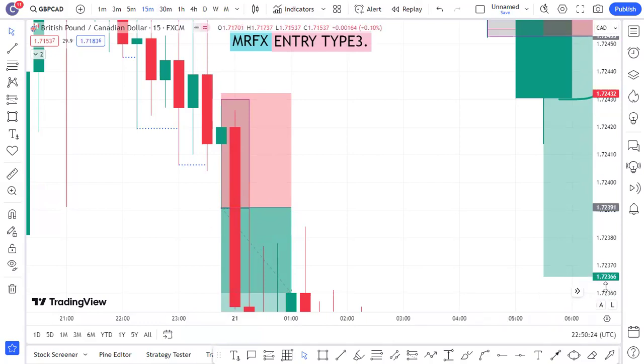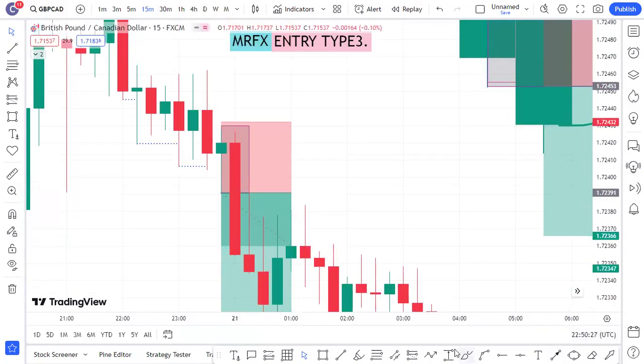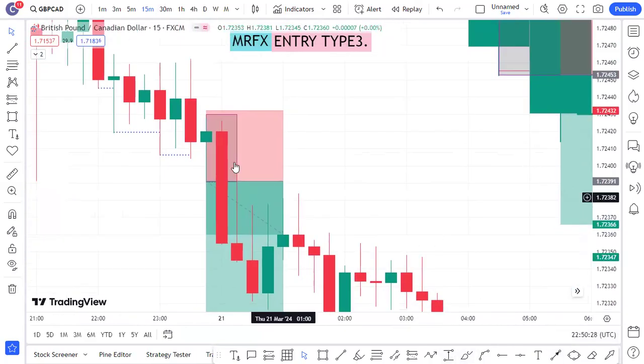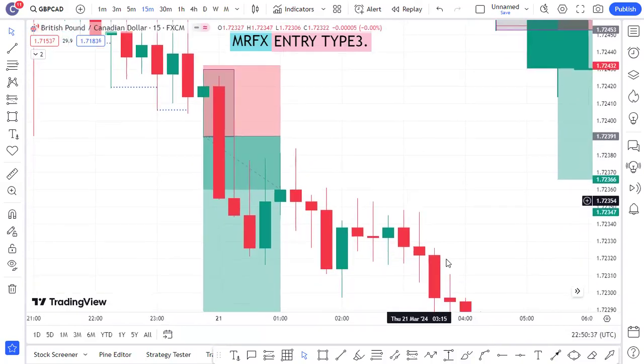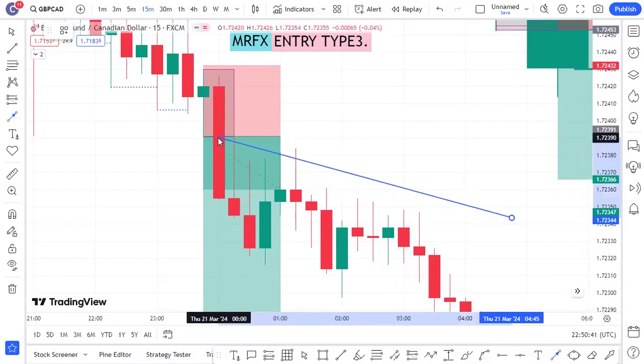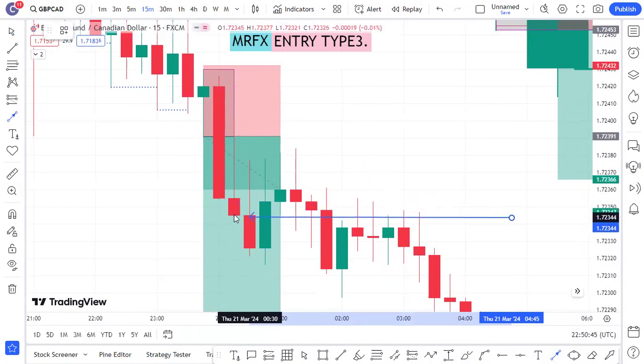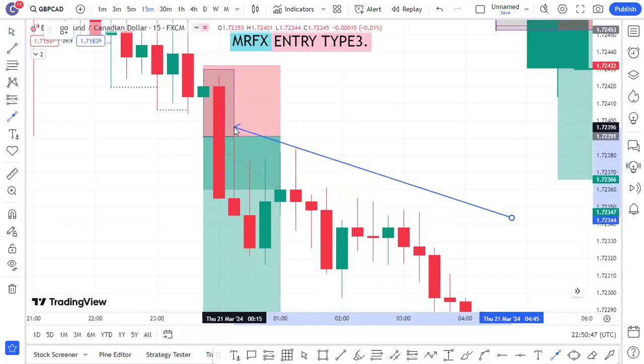If this candle closed with the body here, and red went down with the body, then this red came back to mitigate this one. Let me use something to show you. Here it closed to the body and we place a sell limit here. Market went down. When this candle closed, you can see this one came back to activate your position.